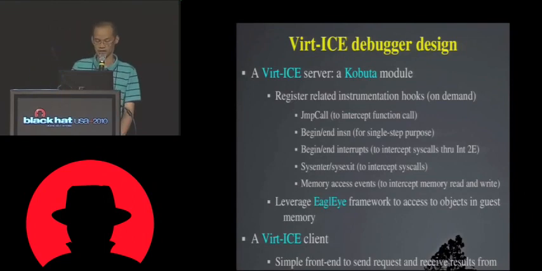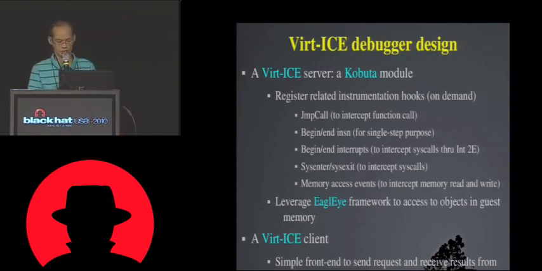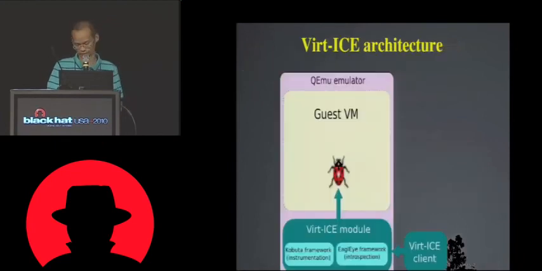Sysenter and sysexit to intercept system calls, and memory access events, so we know when the guest reads and writes to the memory. And we also use the framework I introduced before to access objects in the cache memory.